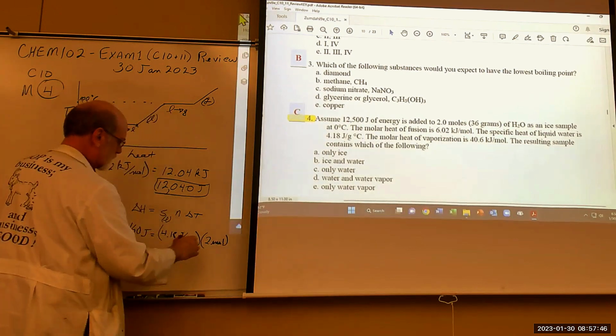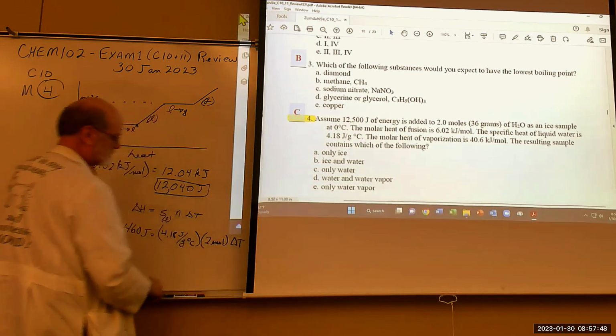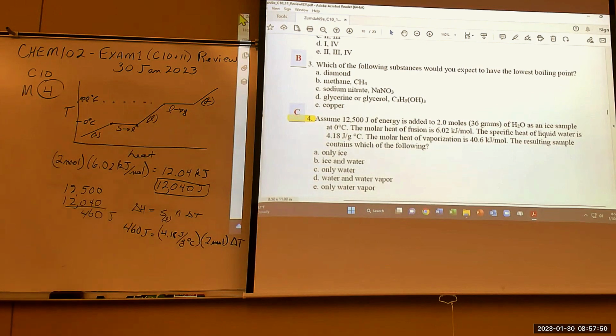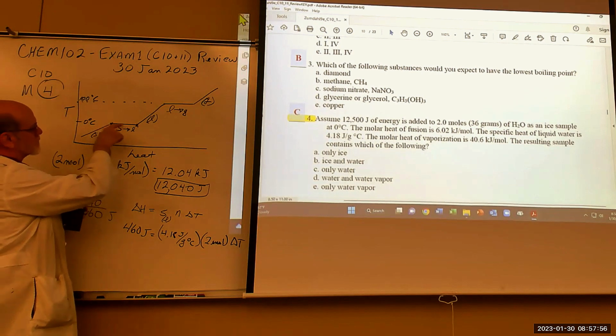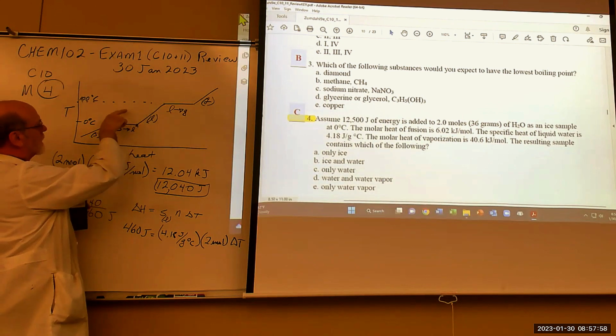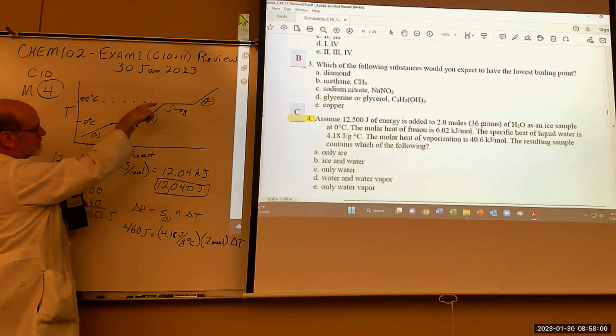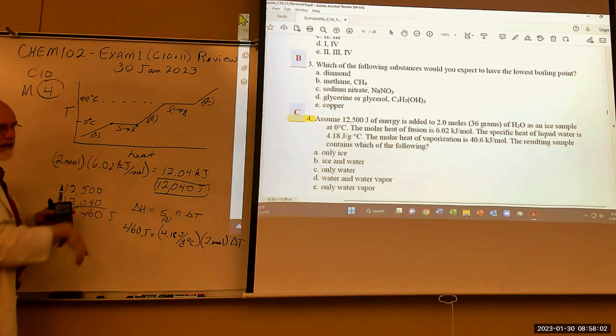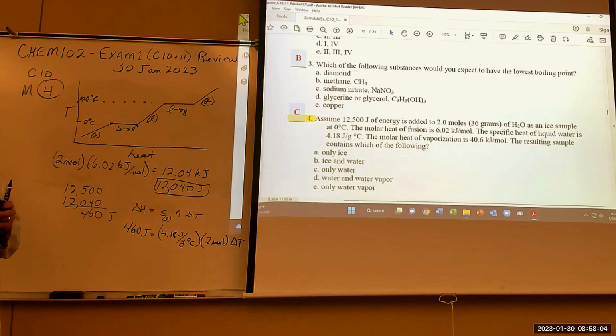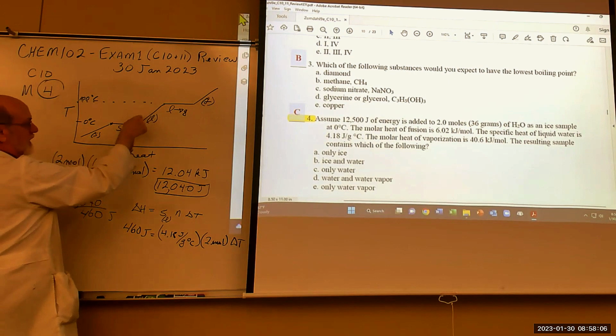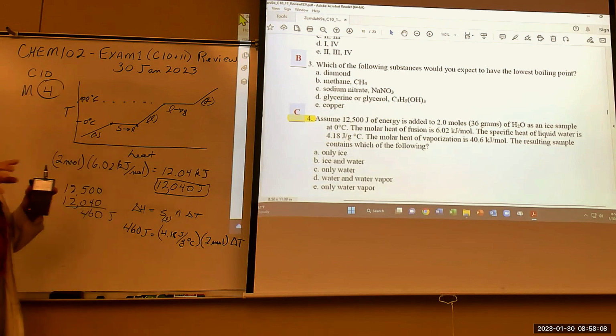And change in temperature is going to be our unknown. Right? So we solve it for how the temperature is going to change. Well, if the temperature changes to 100, then we know that we're starting to get gas. But if the temperature ends up in here somewhere, we've still got liquid and nothing else. Correct?